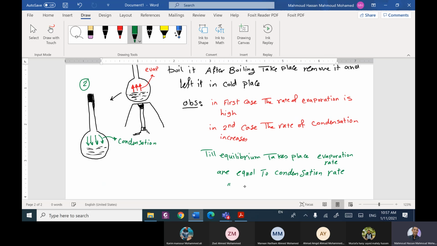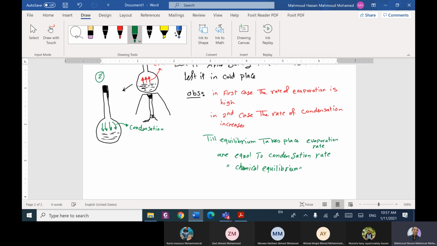This case represents the chemical equilibrium. But we talk about the vapor pressures.